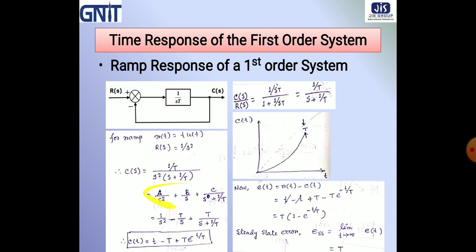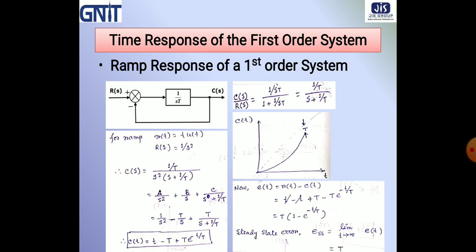If we apply partial fraction here, then it will be 1 by s square minus capital T by s plus capital T by s plus 1 by capital T. If we apply inverse Laplace transform for this equation, then c(t) is equal to small t minus capital T plus capital T e to the power minus small t by capital T.